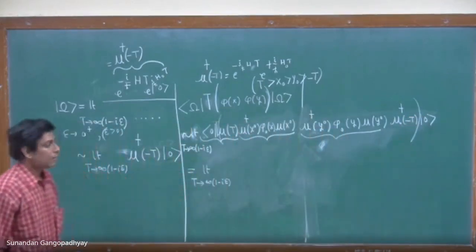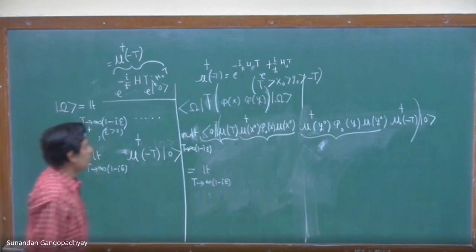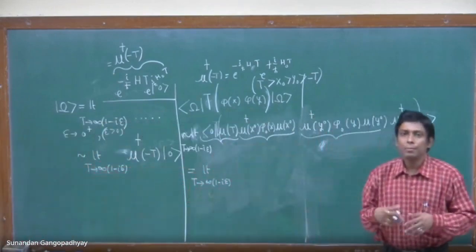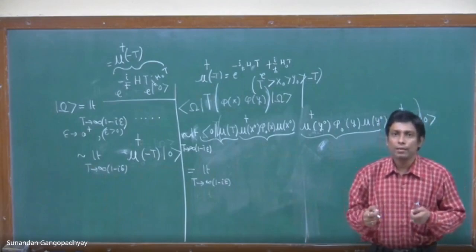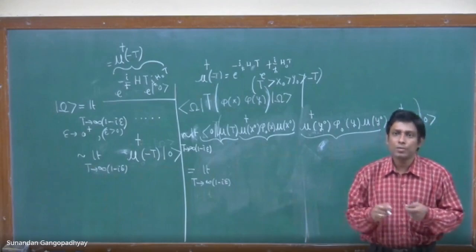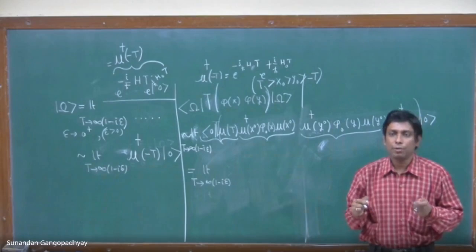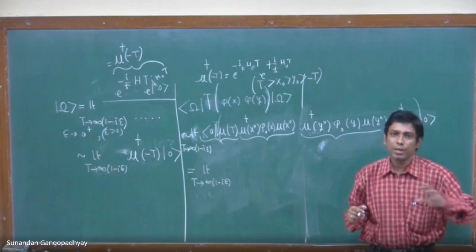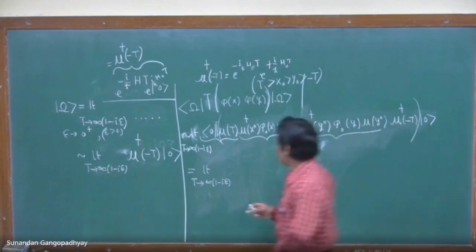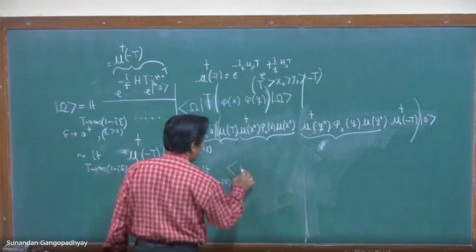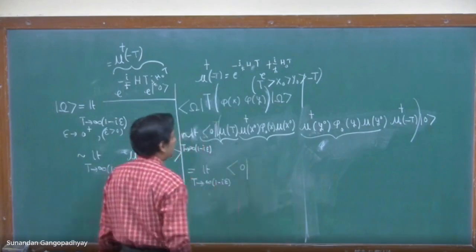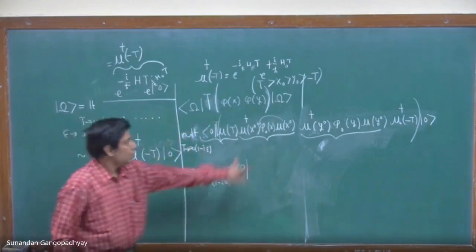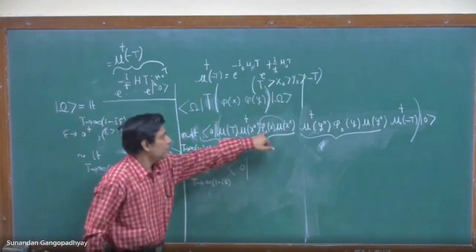Now, inside the time ordering, you can move the operators as you like, because ultimately there is a time ordering operator sitting outside that will take care of the time ordering. So what we can now do is the following. I can take this operator U x naught and put it on the left hand side of phi naught x.